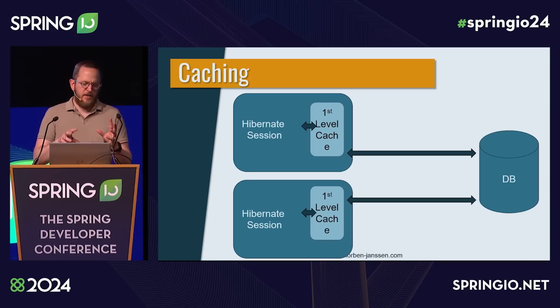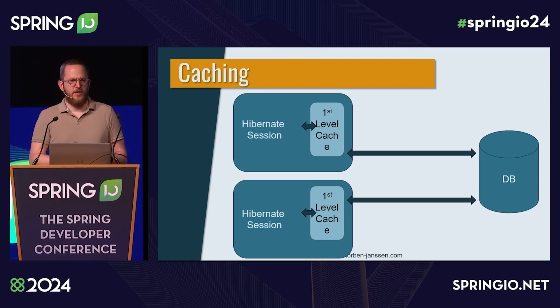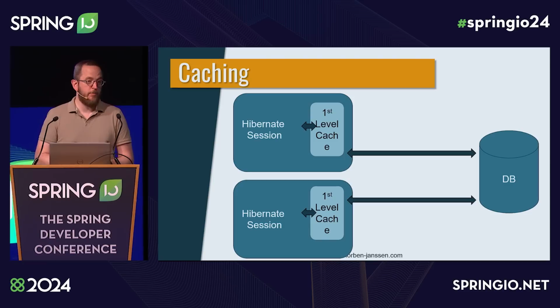And that thing is session specific, which usually means transaction specific, because it contains dirty entity objects until they are flushed to the database. And well, even after that, it contains uncommitted changes, so no other session or transaction should see that. Now this thing is defined by the JPA spec.